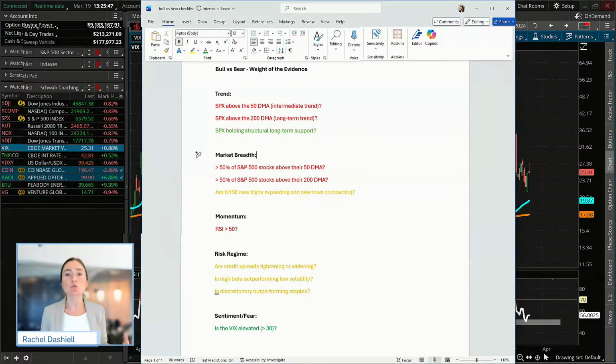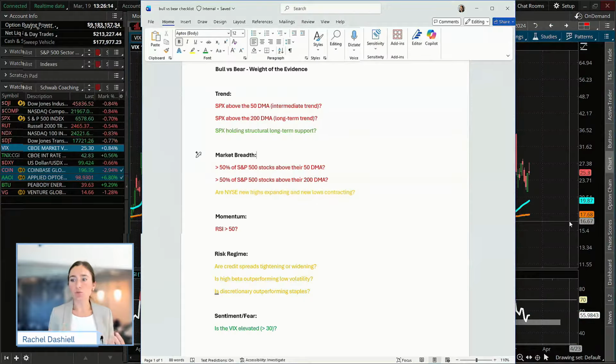Whatever you're using as these metrics, just keep in mind that you're knowing what goes into building a gauge like that. And of course, this is not a recommendation. This again is just a framework where you can take some of these pillars and maybe build your own framework, your own weight of the evidence approach as you define the regime that we're in.